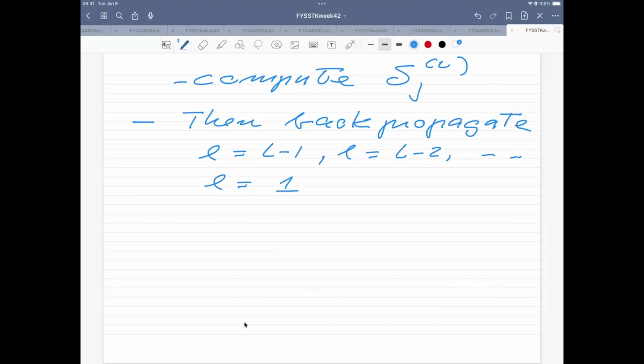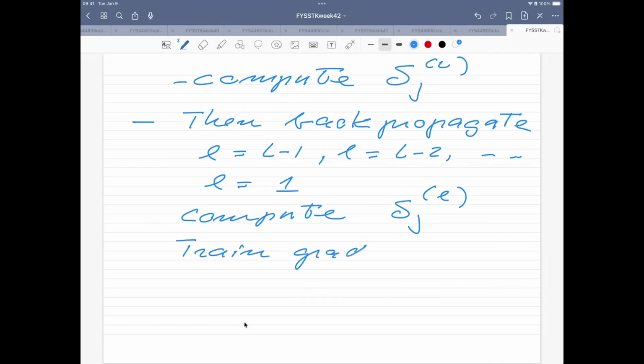And for each one of them, we compute this parameter delta JL. And then we train gradients so that we can update.